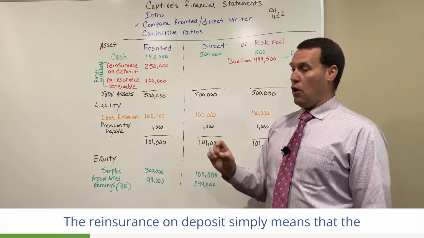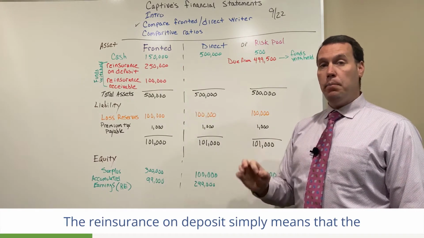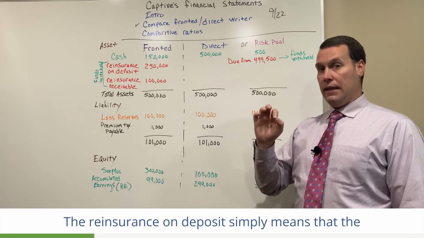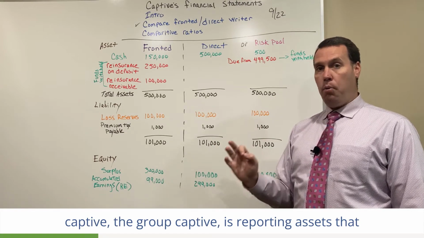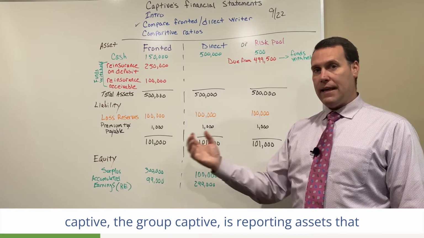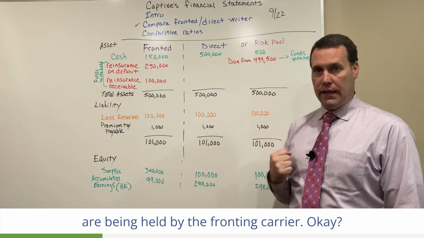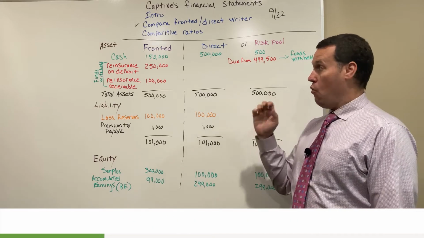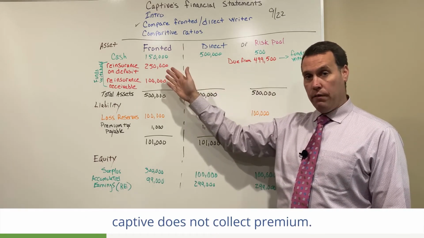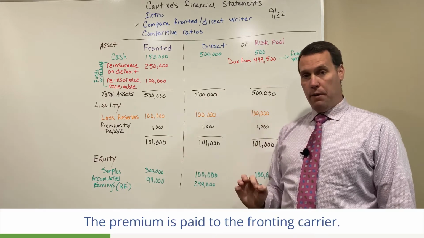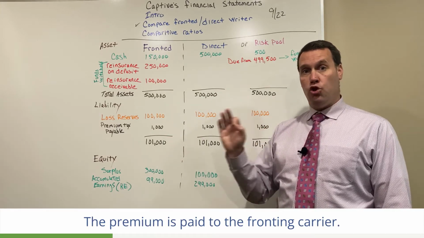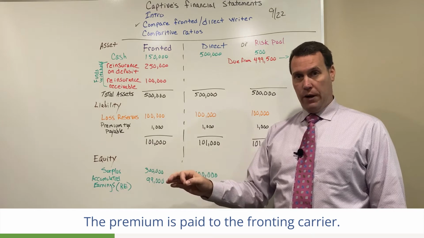The reinsurance funds on deposit simply means that the captive, the group captive, is reporting assets that are being held by the fronting carrier. Okay? We know that a fronted captive does not collect premium. The premium is paid to the fronting carrier.